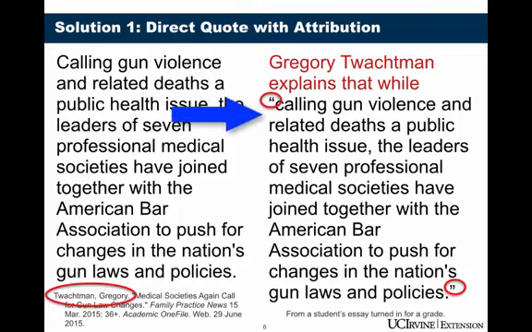And notice that the quoted words are exactly the same, and we put quotation marks around them. Now it's very clear that these are not the student's words. They come from another source, and it's clear to see what that source is because of the attribution. Now the student is not plagiarizing.